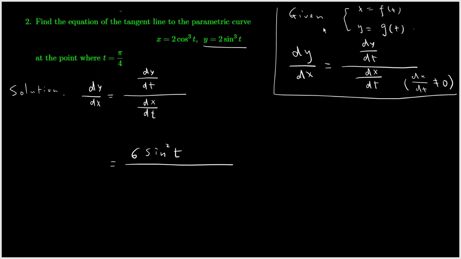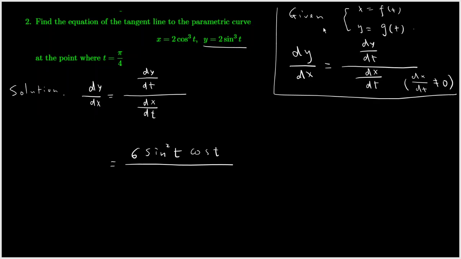Because your u is sine of t, you have 2 times u cubed. Differentiate 2 times u cubed, you have 6u squared. I write u in terms of t. And because u is a function of t, we are differentiating y with respect to t, so you have to differentiate sine of t, which is cos of t. This cos of t is the derivative of sine of t. That's as far as we can go for the numerator.